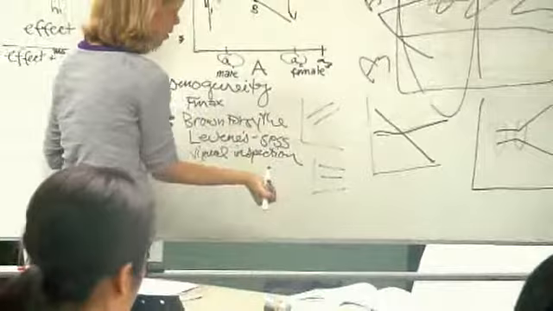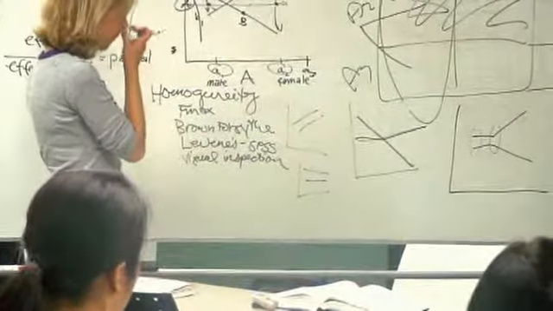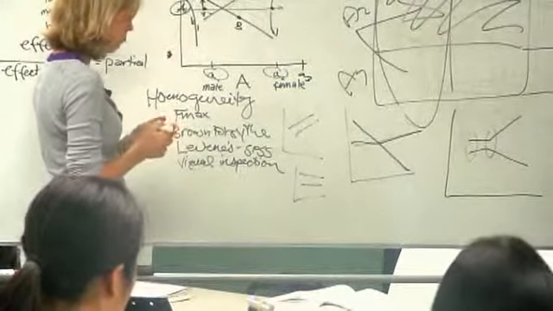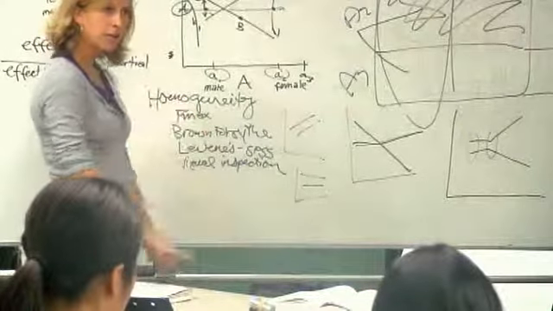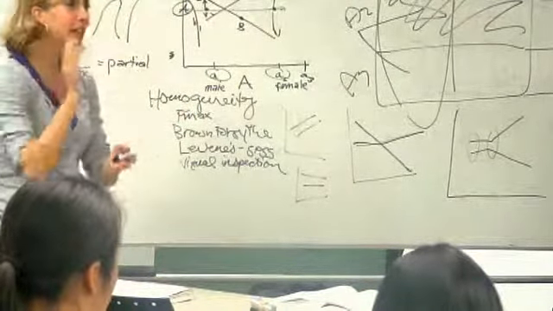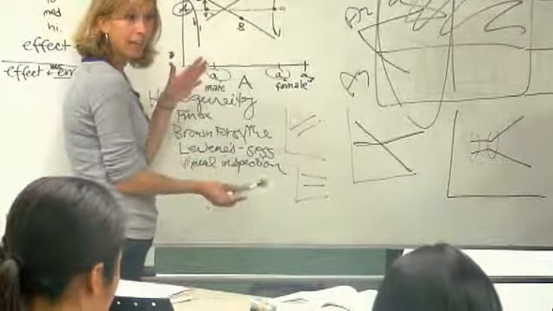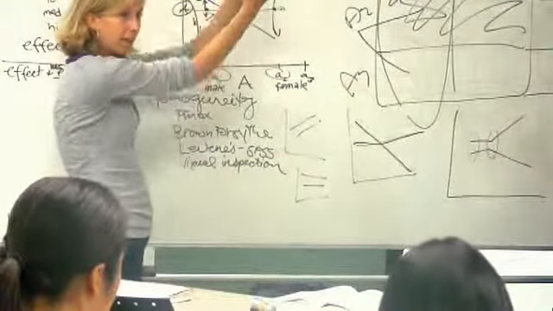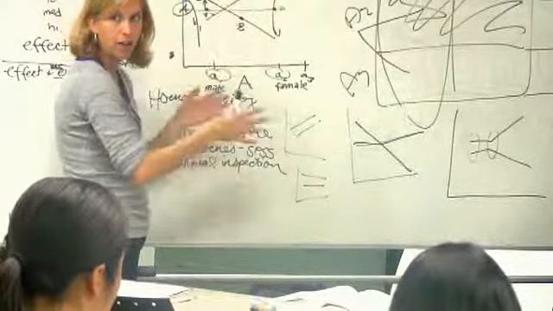This one might be a little lower, but they're not affecting one another. But there are effects. They're different lines, but the way they're going on the graph is not affecting one another.